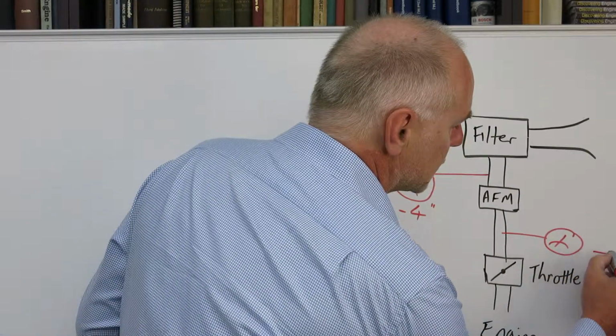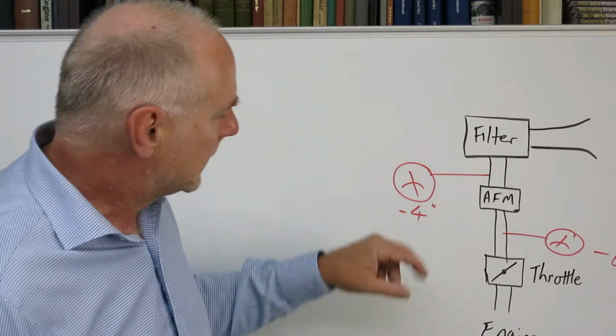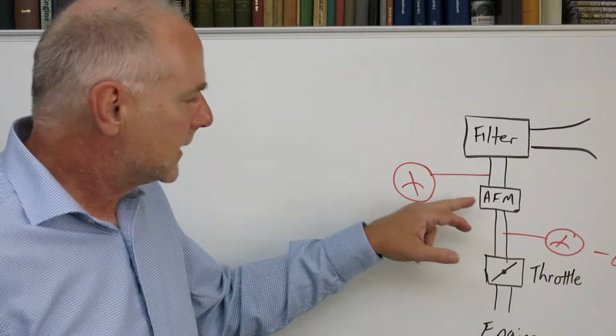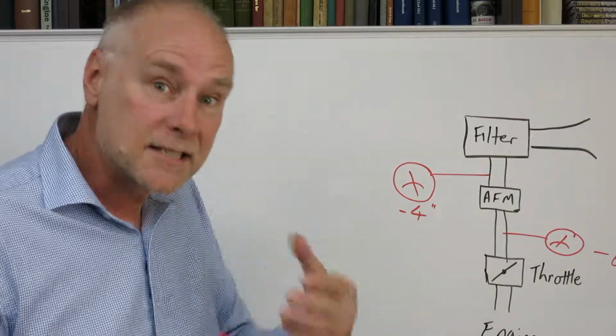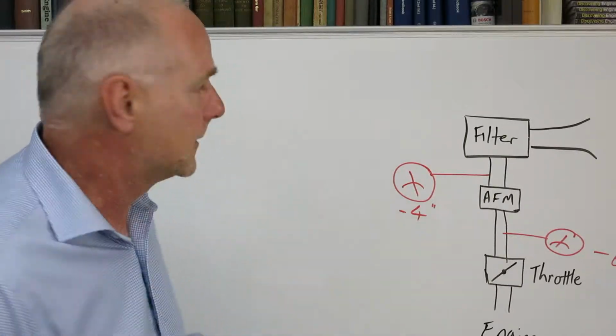Let's say that shows minus 6 inches. Now, I hope you can see that if this one shows minus 4 and this one shows minus 6, there's 2 inches of pressure drop across the airflow meter. So we can see how much pressure drop occurs across each part of the intake system.